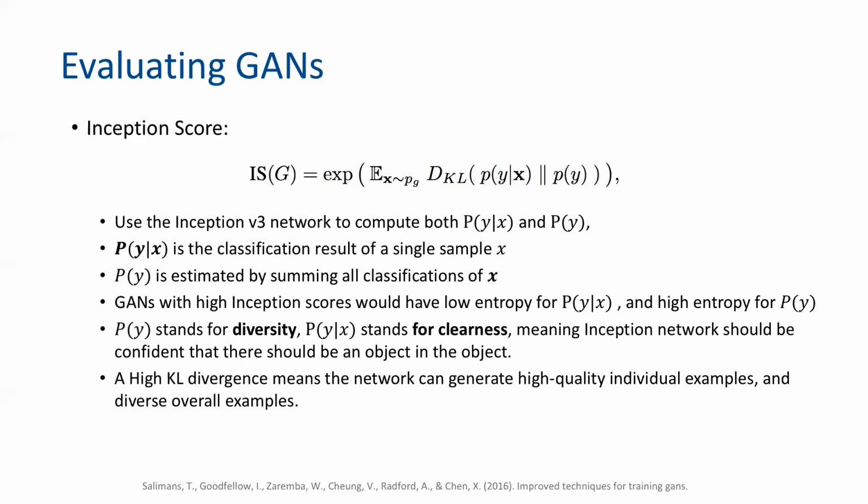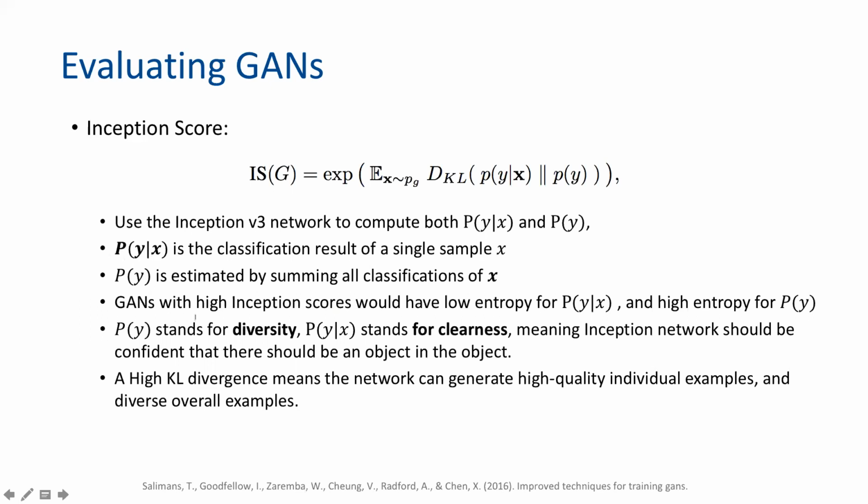So let's see. Yeah, and in a bit more detail, if we have this conditional classifier result, we classify some sample X, we can compute a marginal probability of the label by summing over all classifications.